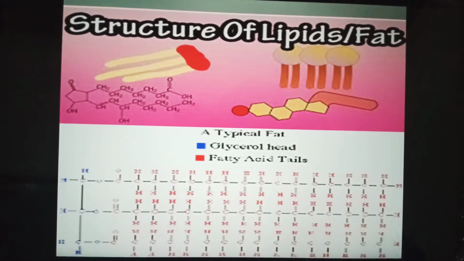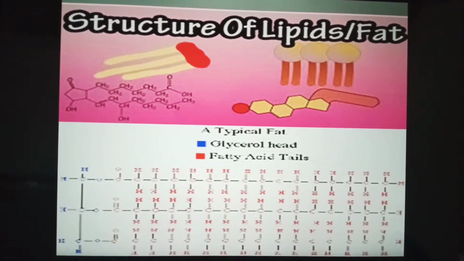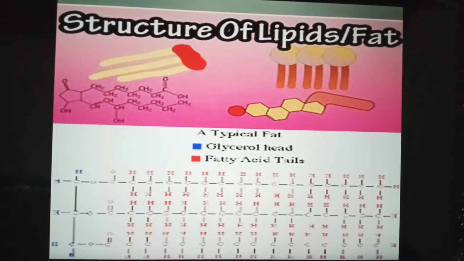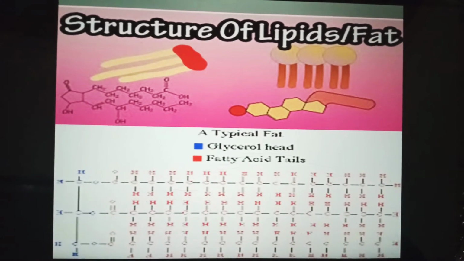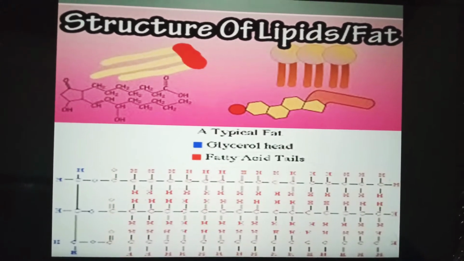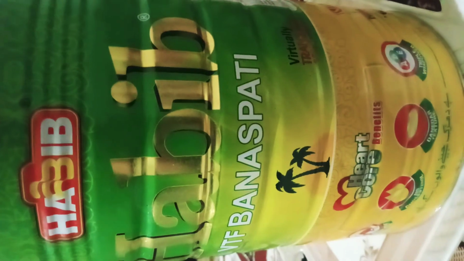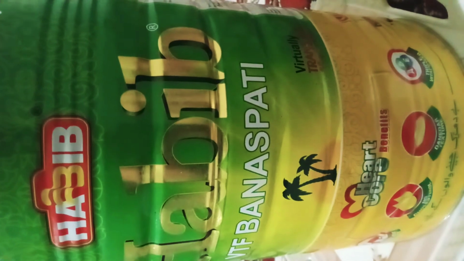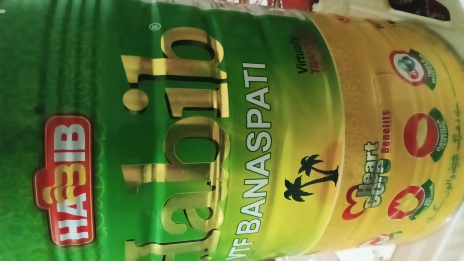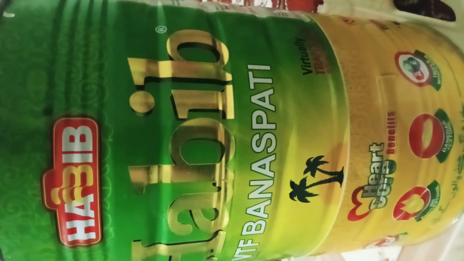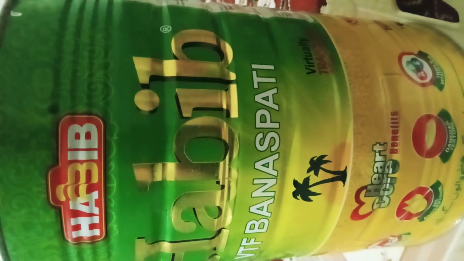The lipids present in the food are composed of fatty acids and glycerol. The fatty acids of lipids may be saturated or unsaturated. Now I am giving you the example of saturated fatty acids. These are solids at room temperature.